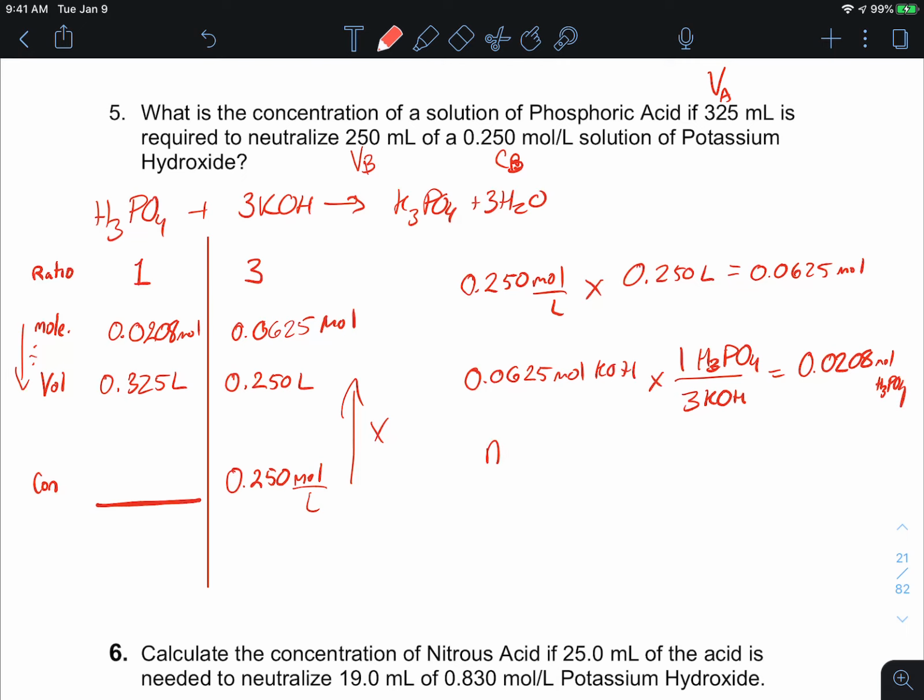And then I'm moving down in my table, so I'm just going to divide. I'm going to take N divided by V, which will give me a concentration.